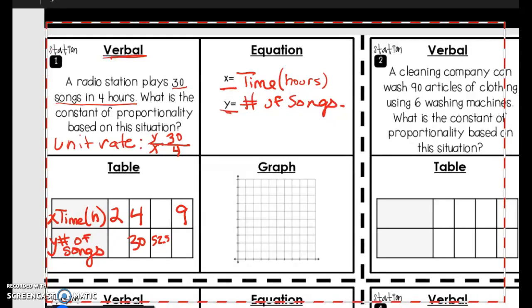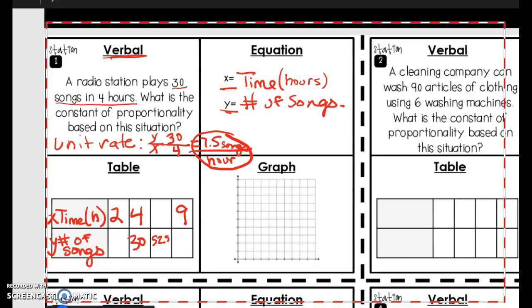All right, so now we're going to take 30 divided by 4, and we're going to figure out how many songs they play per hour. So 30 divided by 4 is 7.5 songs per hour. All right, so circle that, make sure I know that you found your unit rate.